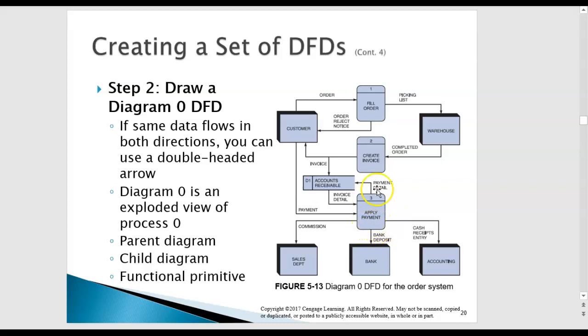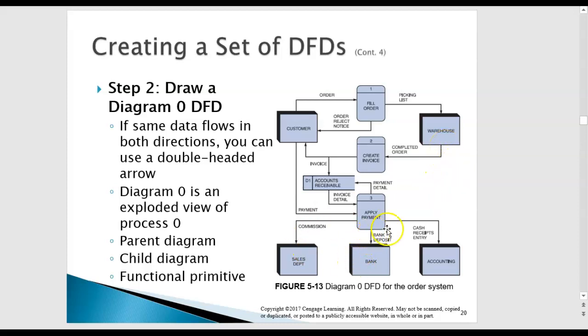You can use double-headed arrows if the system is using data that flows in both directions, although it might be simpler to just use single-headed arrows and then draw another arrow from here to here, if that's also a possible data flow.